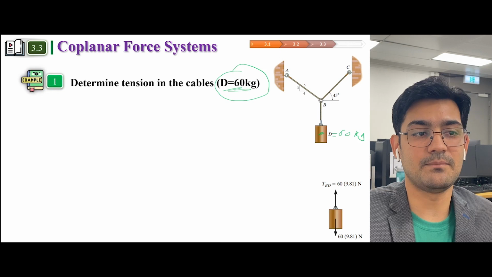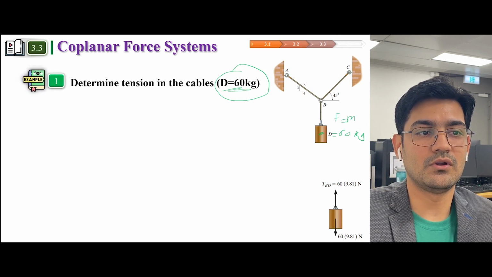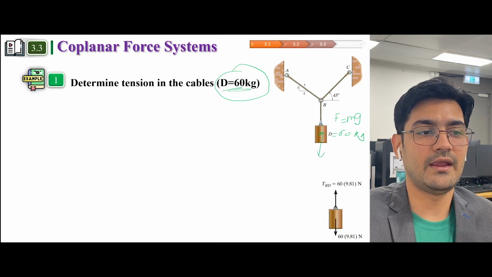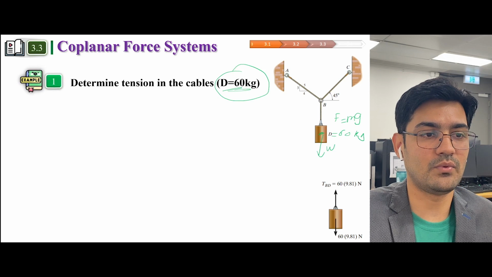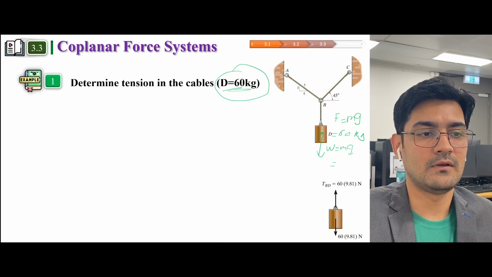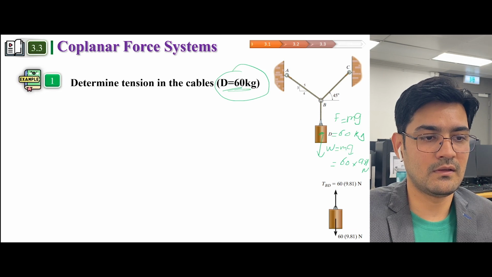Now kg is a mass, and the force would be equal to mg, because the weight will act on it, and that weight can be calculated as mg. The mass is 60 kg and g is 9.81, so the weight is 60 times 9.81 Newtons, which is written here.